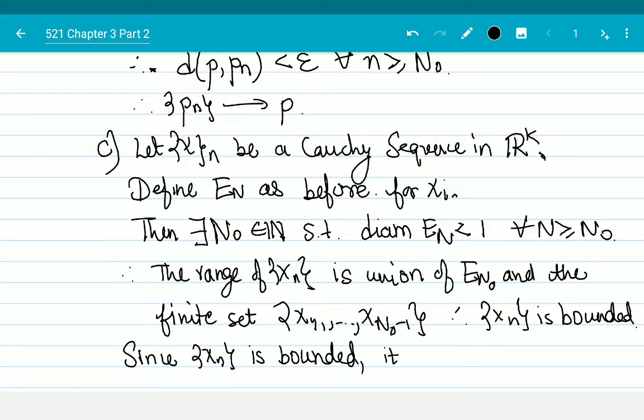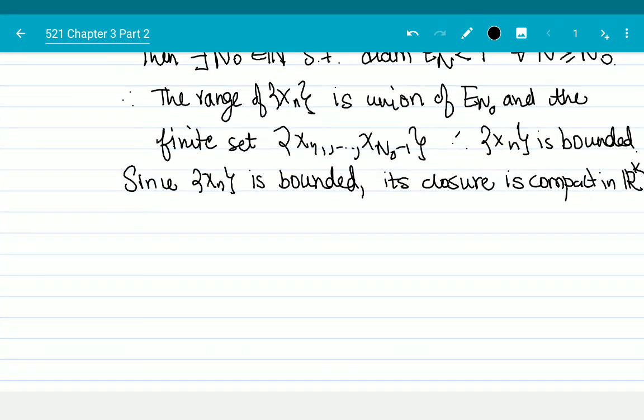Its closure is compact in Rk. Okay? And now C follows from B. Okay?